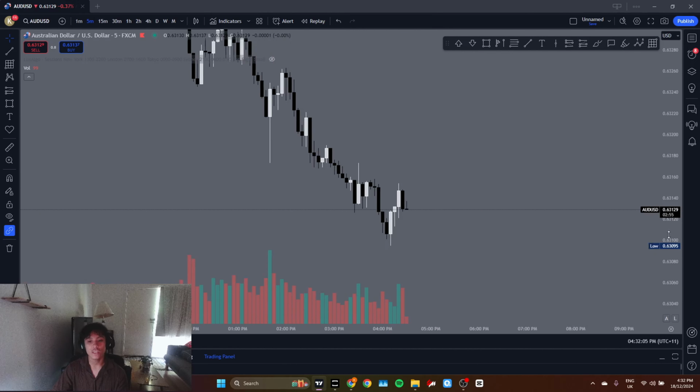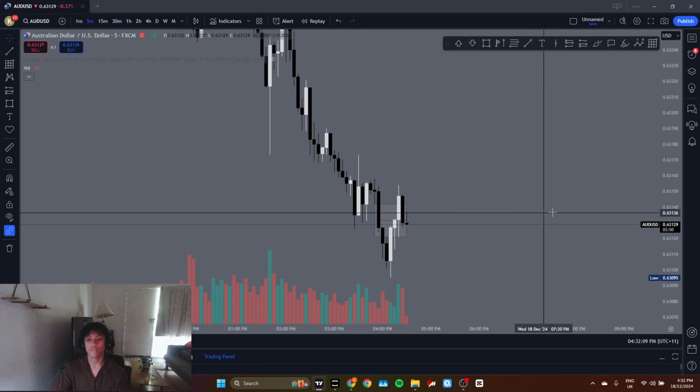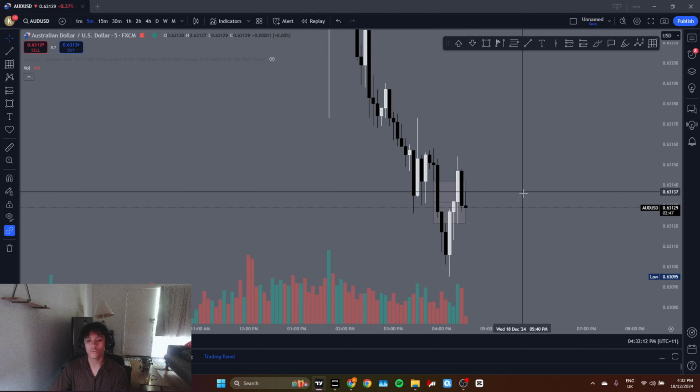So in saying that, I can see these little fair value gaps here. We have retraced into them.